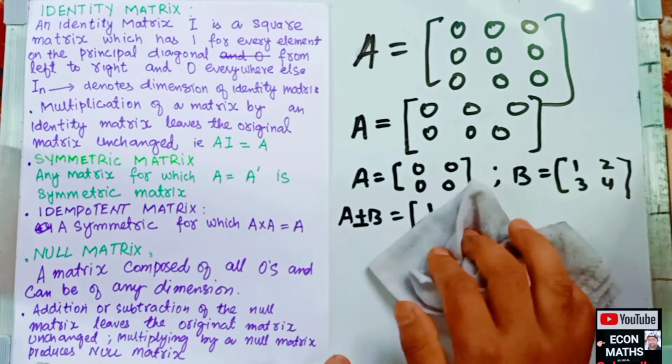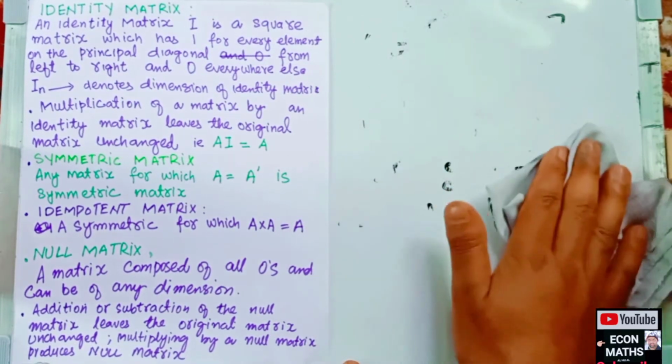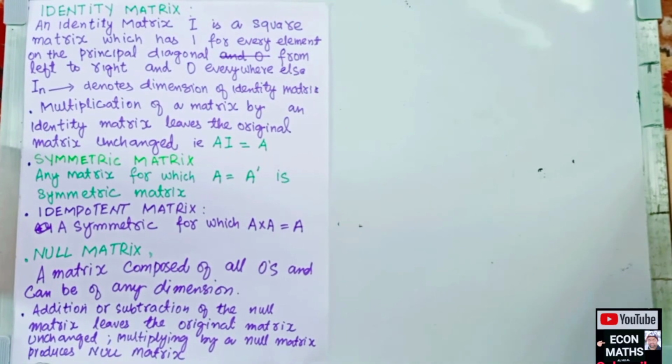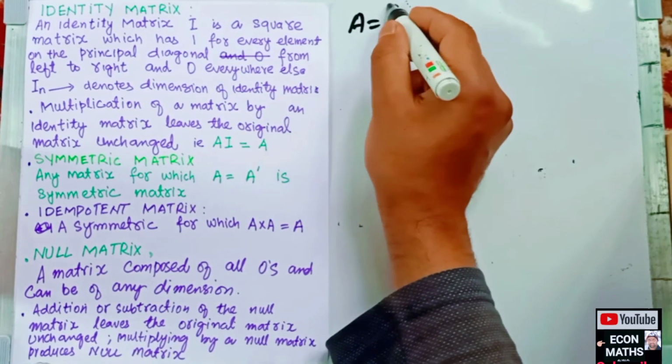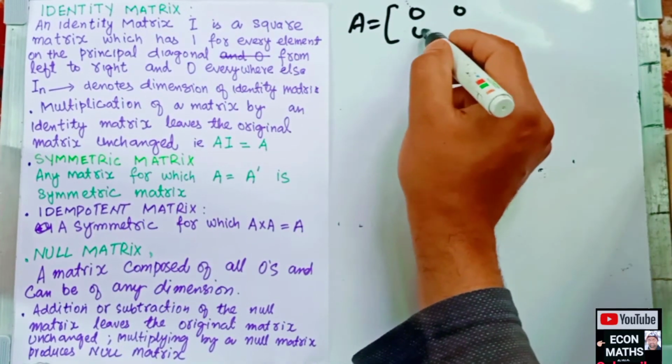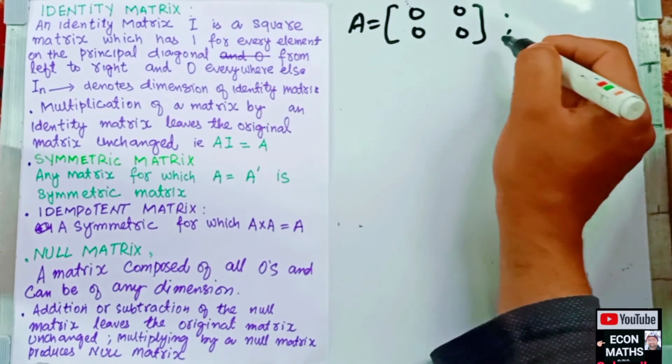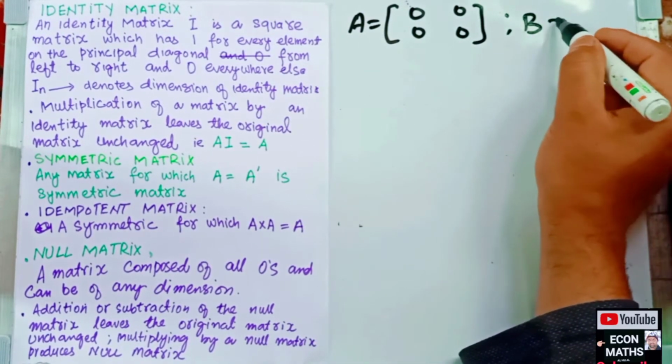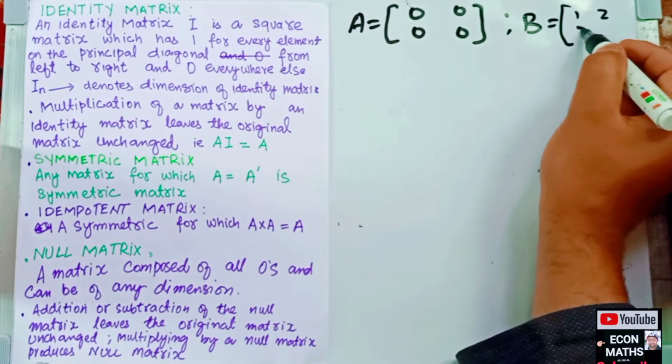That is, if I have a null matrix, let us say A is equal to 0 0 0 0, and another matrix B is 1, 2, 3, 4.